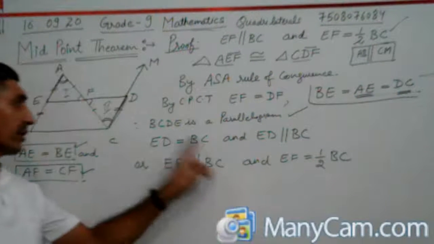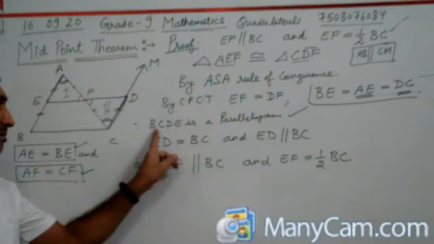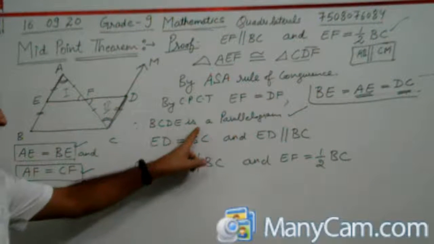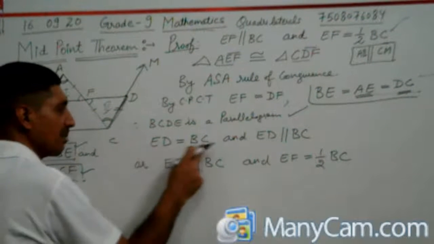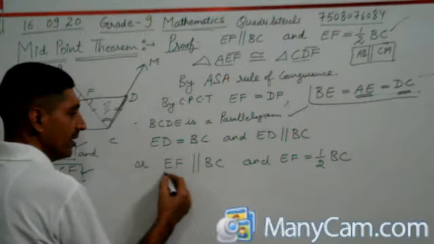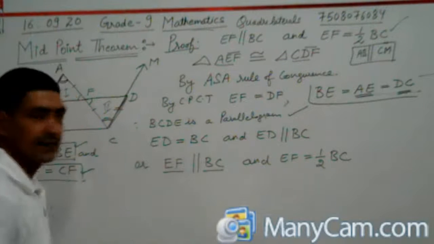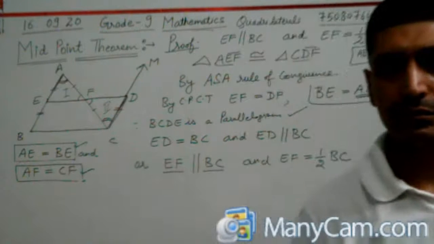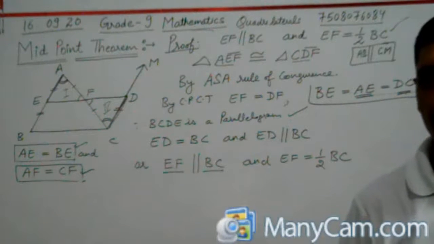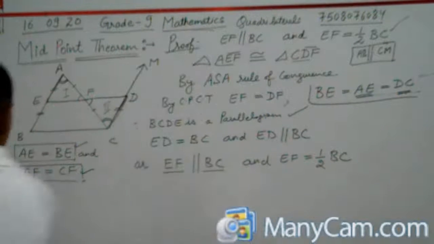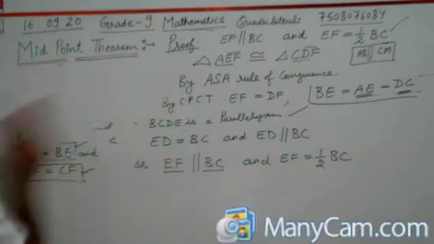And then we came to know that this BCDE is a parallelogram. Once it is a parallelogram, ED is parallel to BC, opposite sides. So I hope this is clear, very, very important, and has applications also. Now come to the converse of the midpoint theorem.